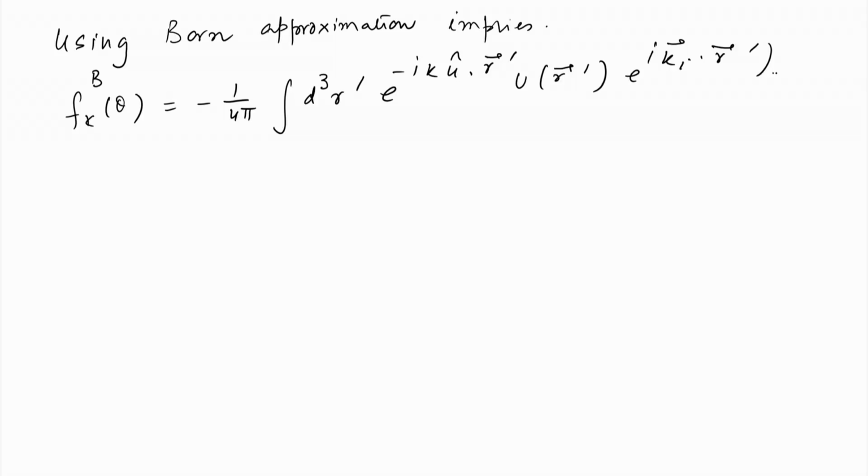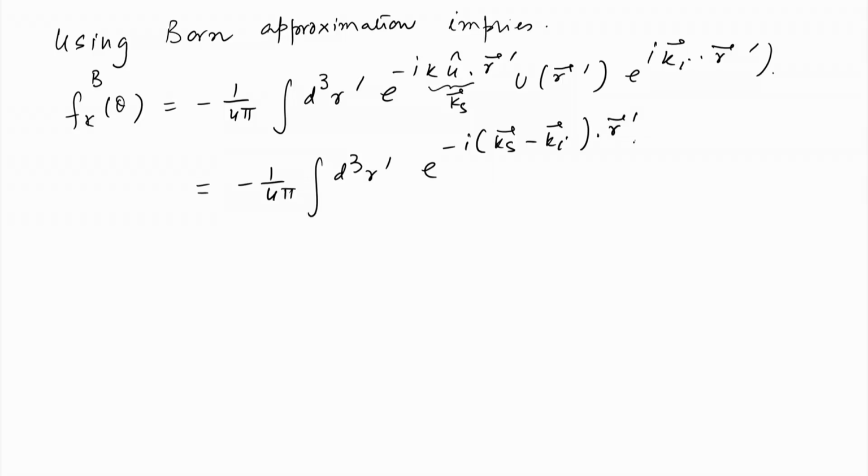A little bit of adjustment in notation: it is d cube r prime, and because this term is k_s, we can write it as minus i (k_s minus k_i) dot r prime u(r prime), and so on.